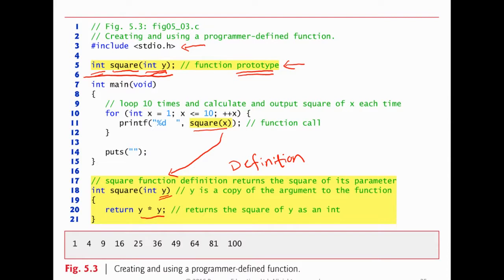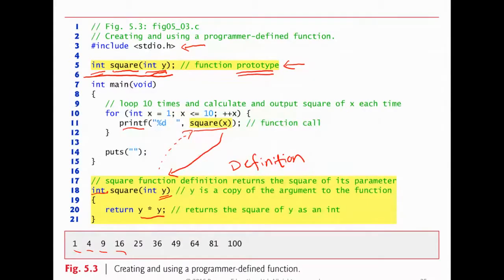So it just takes the square and returns that integer value, which then comes back up here and is passed as an argument to the printf function, which just prints it. And so the result is the square of integers between 1 and 10.